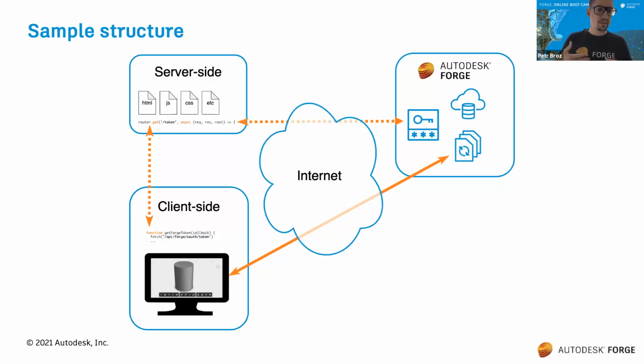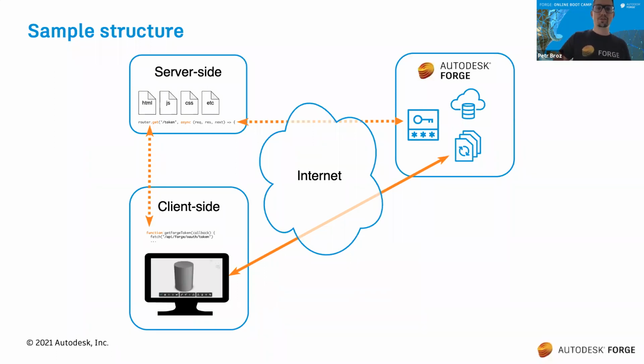Now, just to repeat this simple diagram that we also showed yesterday, the way it's going to work is we're going to build a simple server application in this webinar using Node.js that's going to access some of the functionality from Forge, right? So it'll use the authentication service to generate tokens. It'll use the data management service in Forge to get a list of hubs, projects, folders, items, versions that our users may need to see.